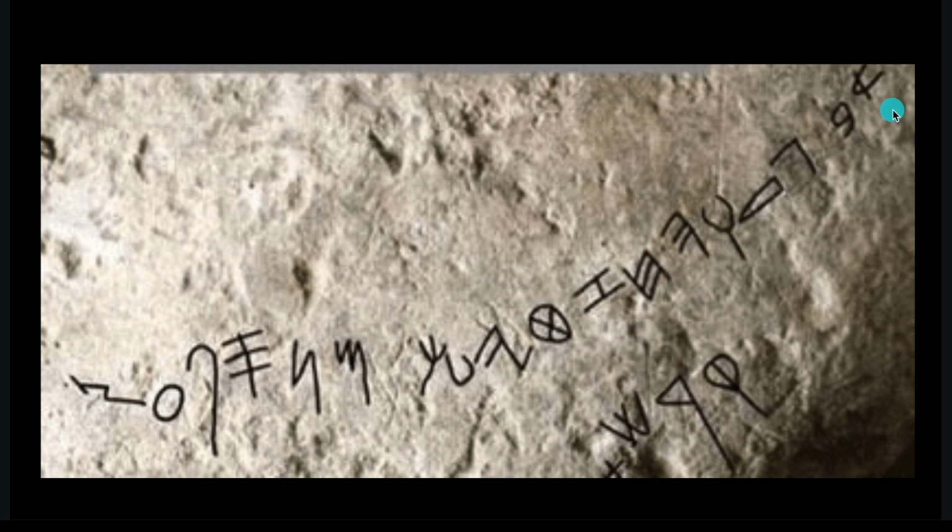You notice the Aleph, Beit, Gimel, and Dalet right there. Now the letters here, of course, have been highlighted for us, but this is evidence from the 9th century BC that this was the script that was used in Israel for writing Hebrew.